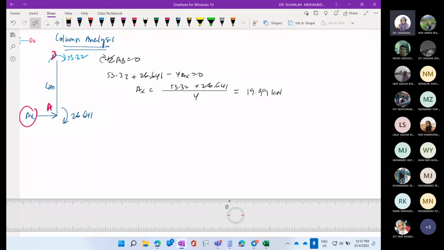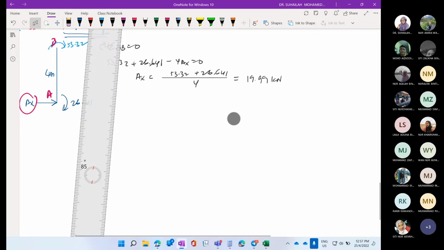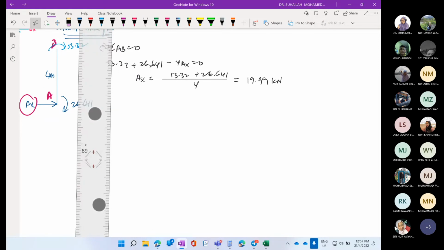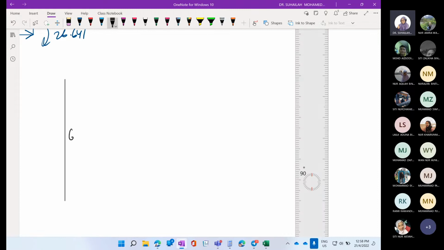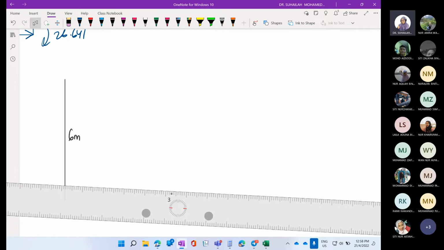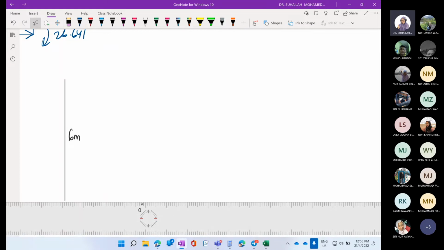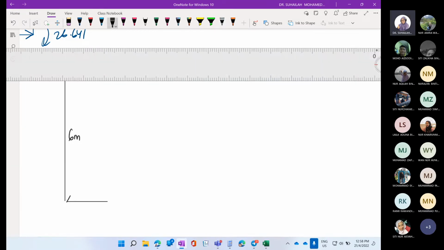Okay, continue to analyze column CD. The same thing. Column CD has a 6 meter length. We have DX like this. This is DX.